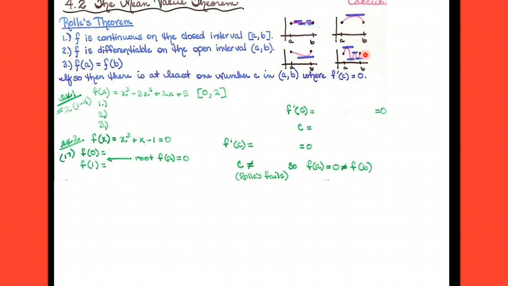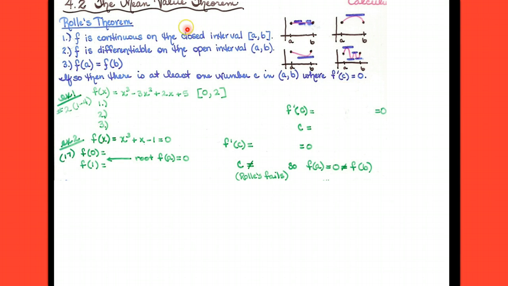But that's really all of the scenarios that I could have. In every single one of those scenarios, you'll notice that I would be able to draw a horizontal tangent line where the derivative would be equal to 0. So we can see why Rolle's theorem makes sense, that there would have to be at least one number in that interval where the derivative equals 0.